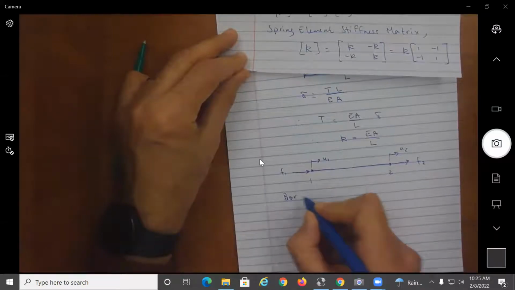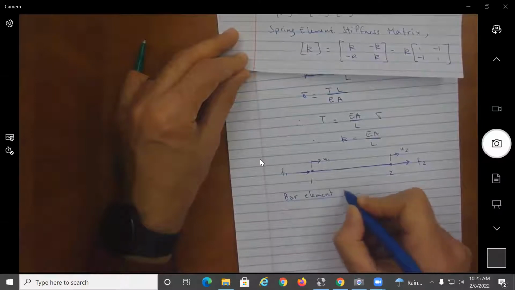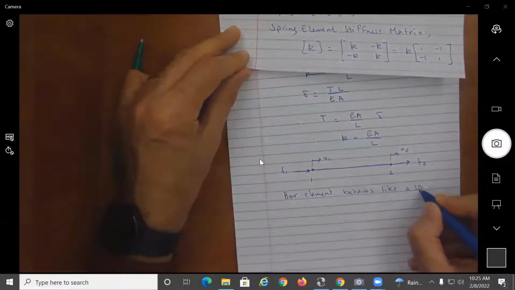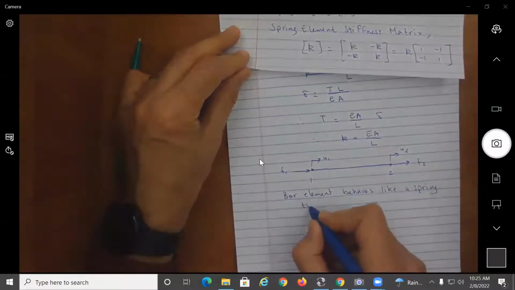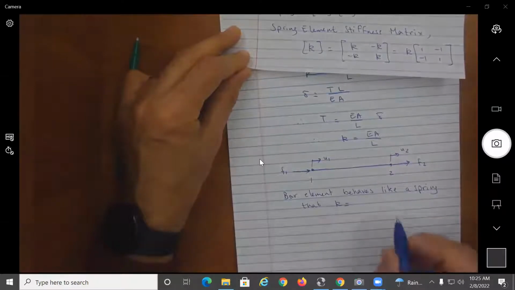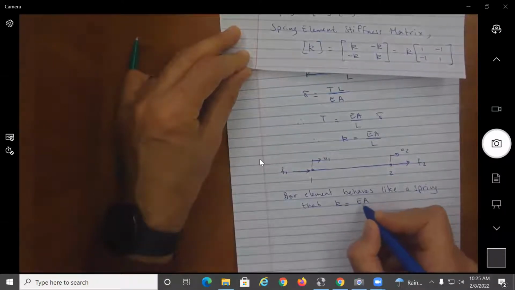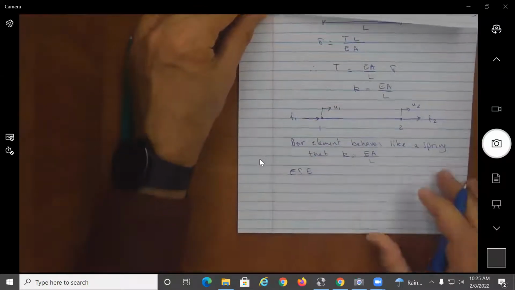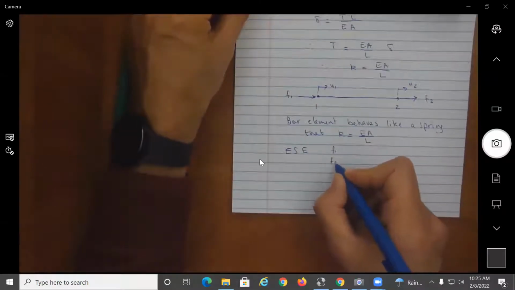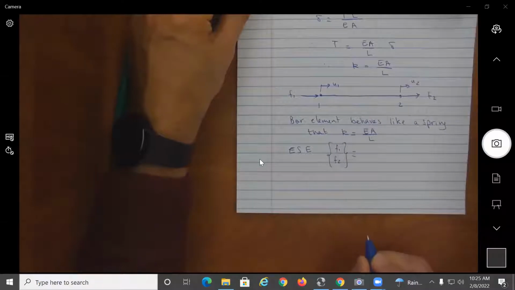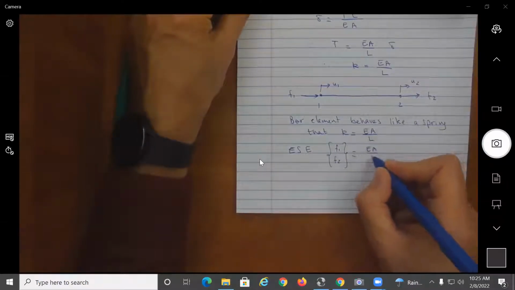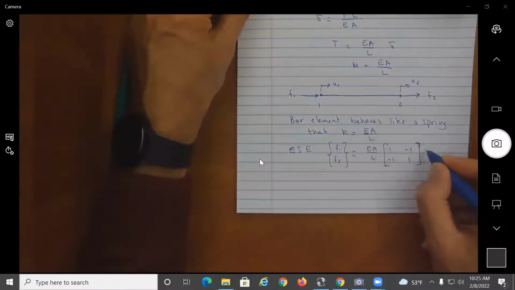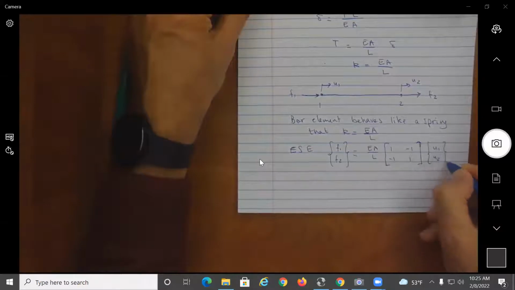So a bar element behaves like a spring that has a spring constant K equal to EA over L. So the element stiffness equations for a bar would be F1, F2 equal to, taking EA over L as a common factor, 1, minus 1, minus 1, and 1, multiplied by U1 and U2.